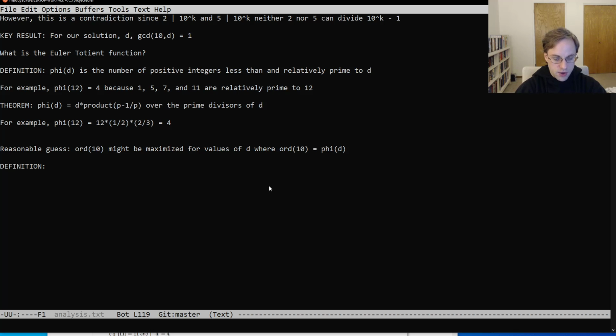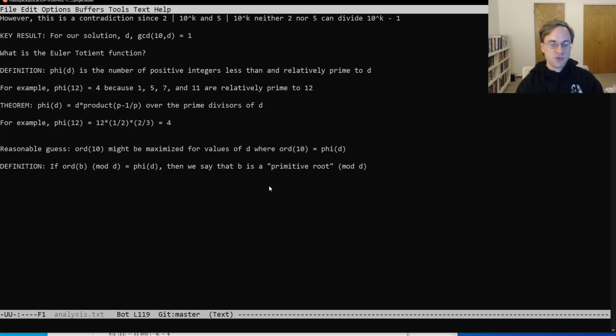If Ord_B is equal to phi of D, I should clarify this is Ord_B mod D, then we say that B is a primitive root, let me just put this in quotes, mod D.